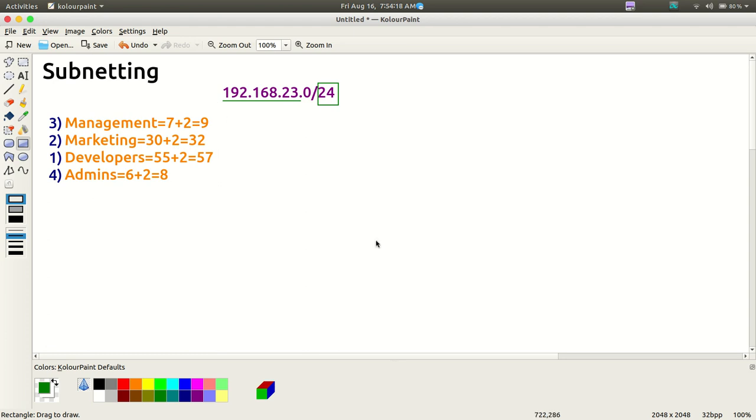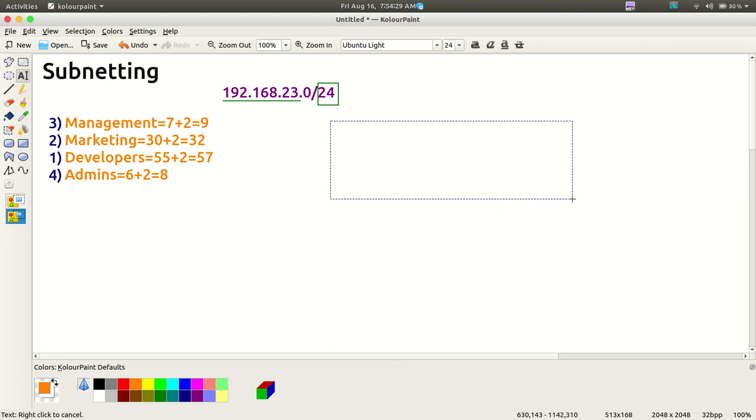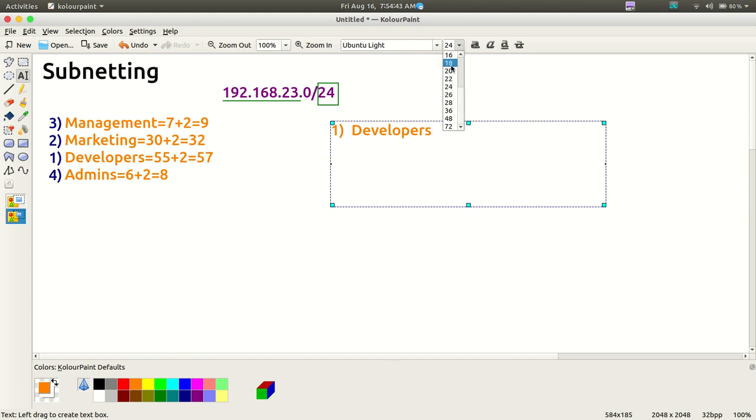Now what I have to do, first of all, I am going to calculate developers, right? When I am doing this calculation for the first department, developers, how am I supposed to start my calculation? I'm just going to change the size over here to 18.